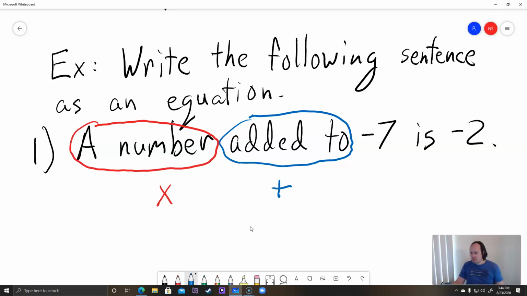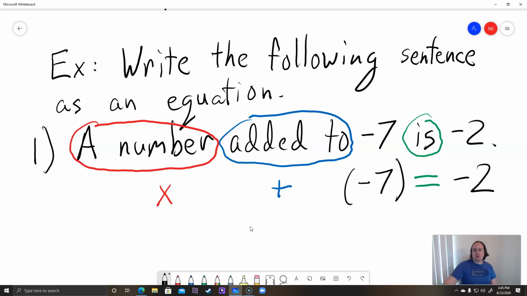So added to just means plus. And then we've got -7. So I'll go ahead and put parentheses around -7. And then what about is? Well, we just said is translates as equals. So we have x plus -7 equals -2.